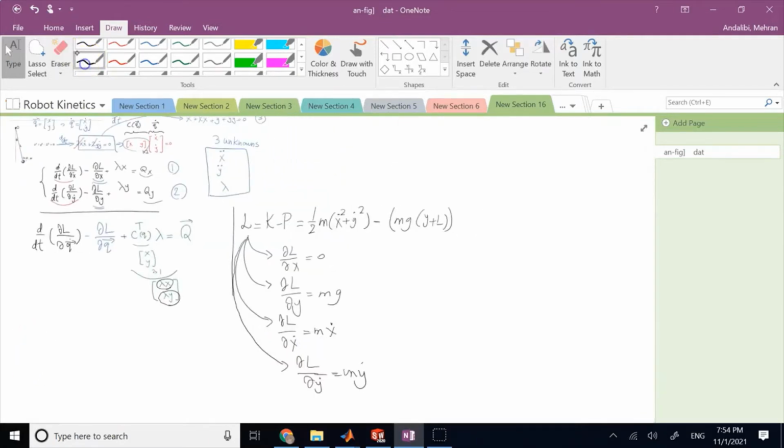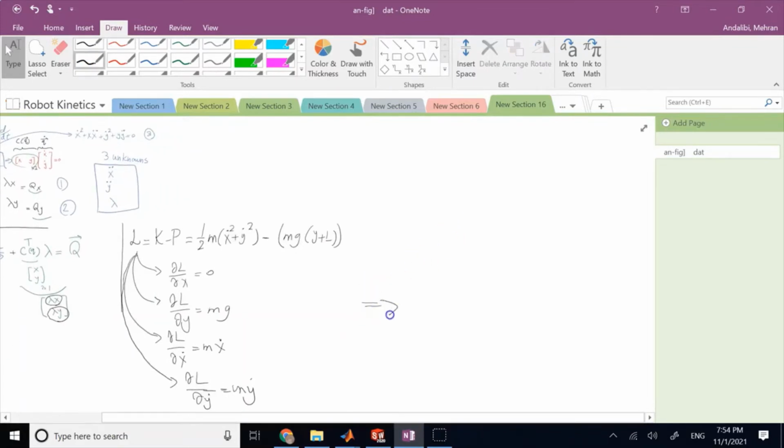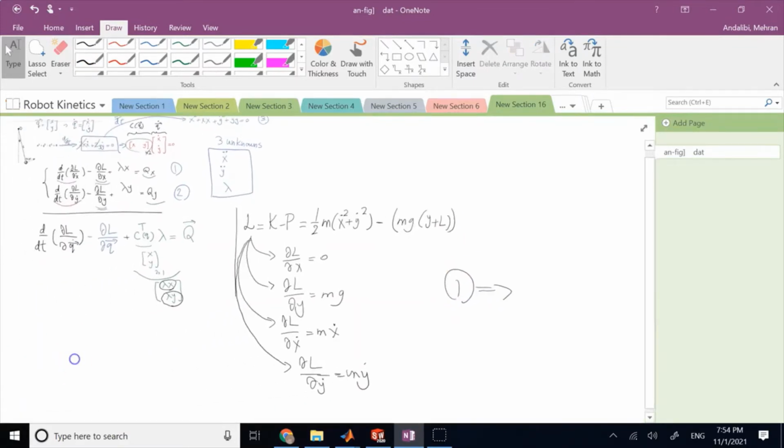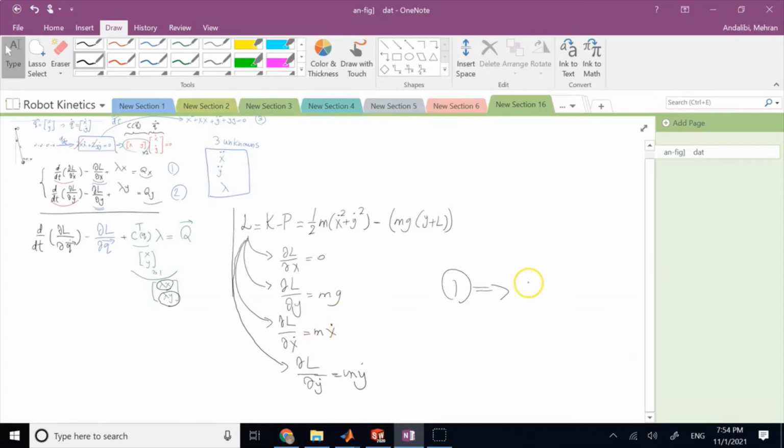So I need all of these four terms, and I'm going to apply them into the equations 1 and 2. So if I do so from equation 1, I will get time derivative of this term, which is going to be m x double dot, minus partial of L with respect to x, which is 0, plus lambda x equals q of x. So we have to figure out q of x.